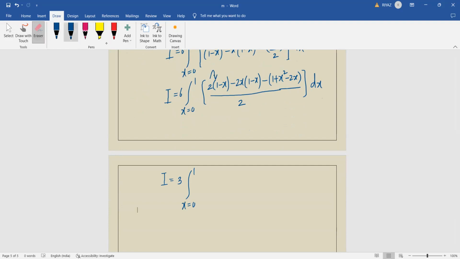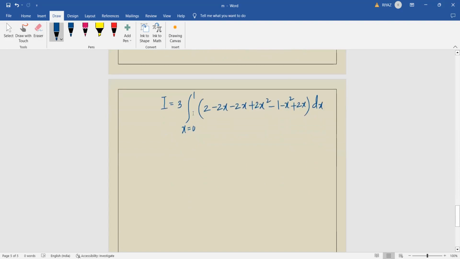Tell me what happened. 2 ones are 2, and 2 ones are minus 2x, minus minus 2x again, plus 2x square. Then minus a multiplied by 1 minus x square, minus x square plus 2x, along with this all dx.